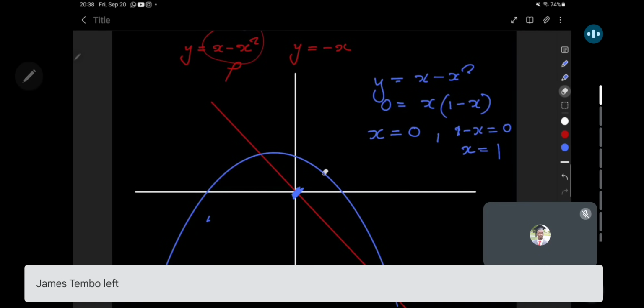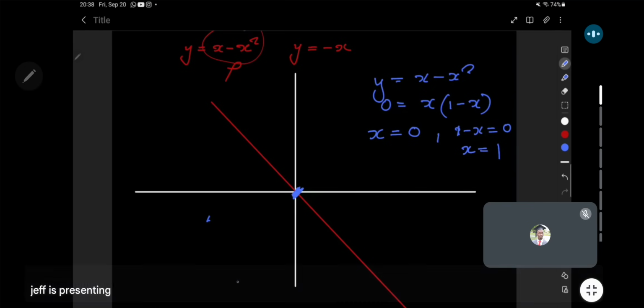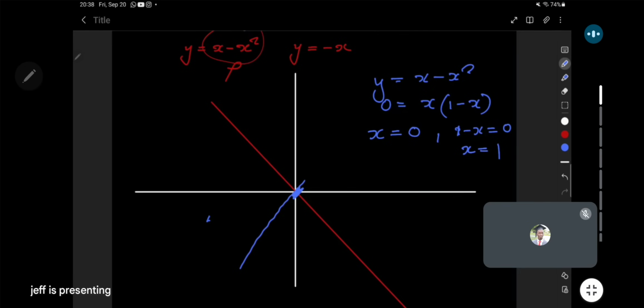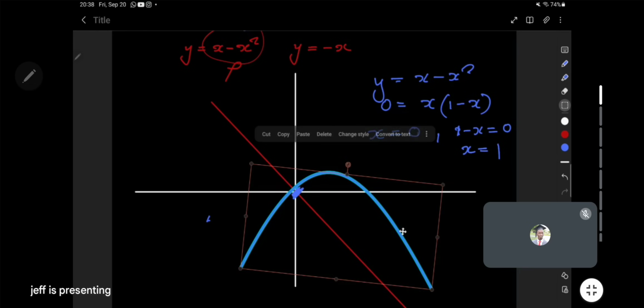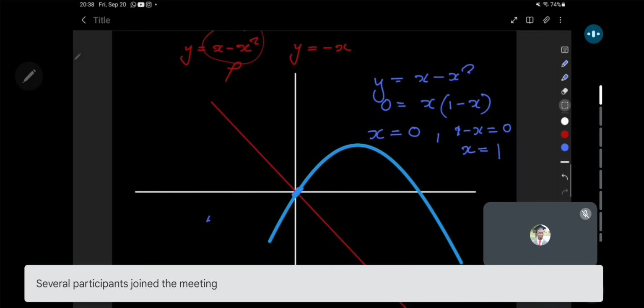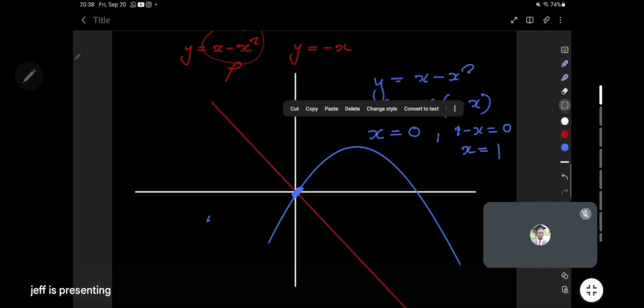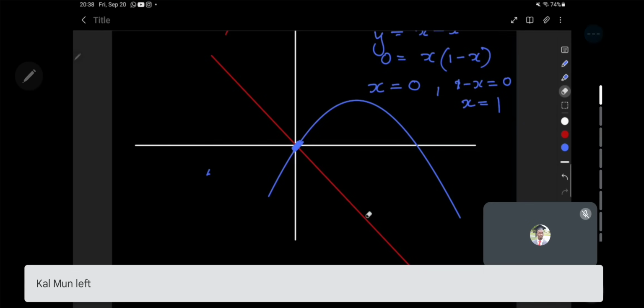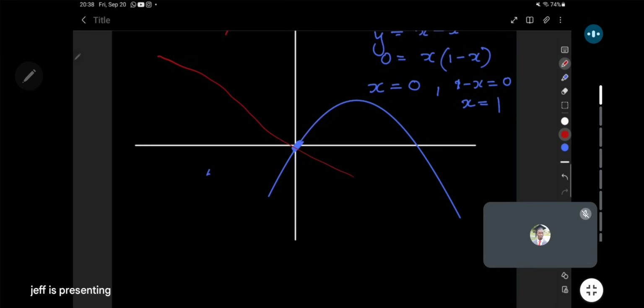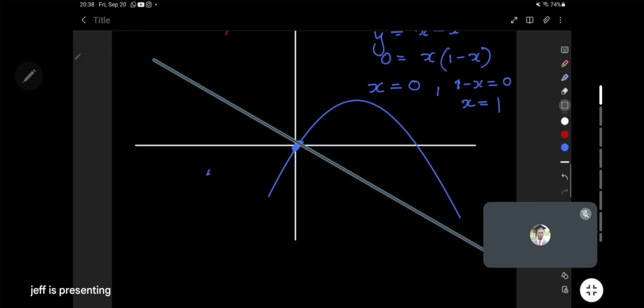So I'll remove this and I'll draw it better. It cuts the x-axis at 0 and at 1 somewhere, something like this. Let me adjust. Then I'll change this so that they get to intersect within my graph.